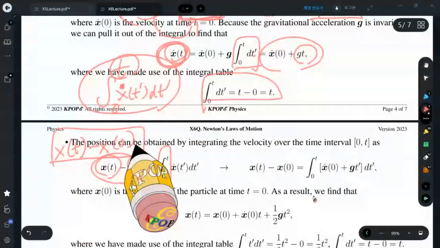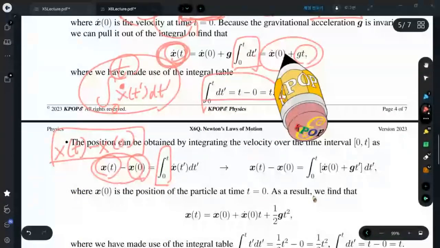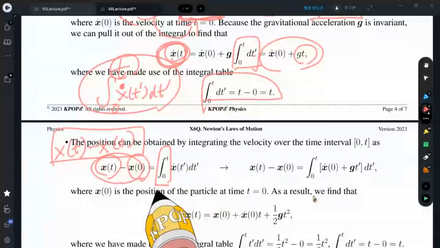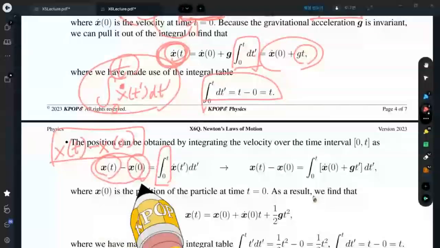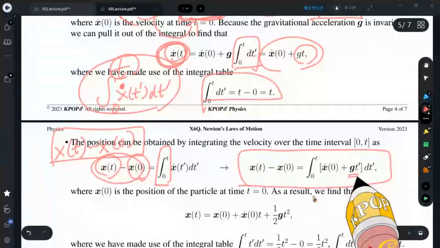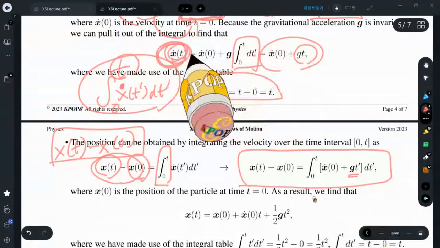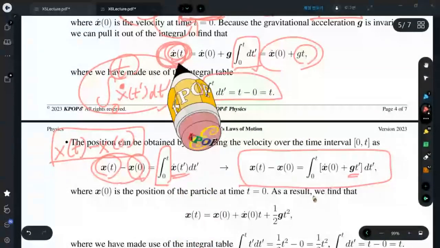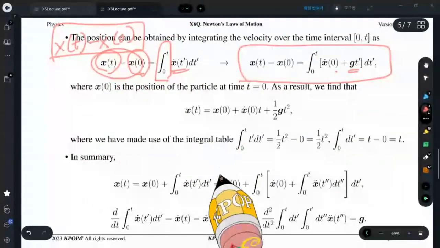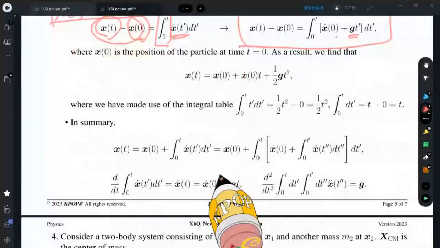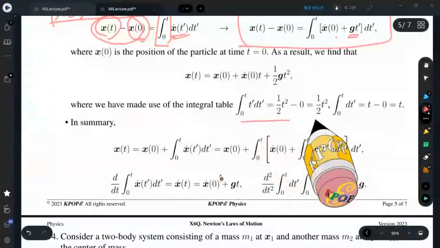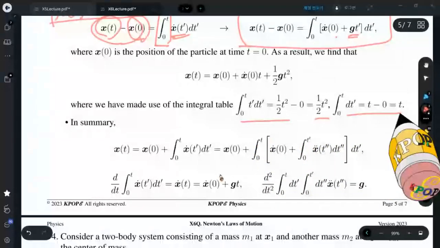This difference is the definite integral from 0 to t. Therefore, we end up with this expression. In here, this x dot t is already known, so I have substituted this right-hand side in here. As we have done in the previous class, we know all of the integrals are evaluated like that.